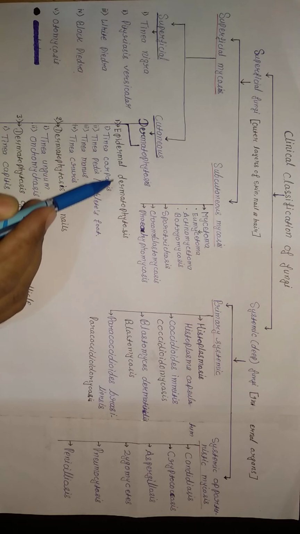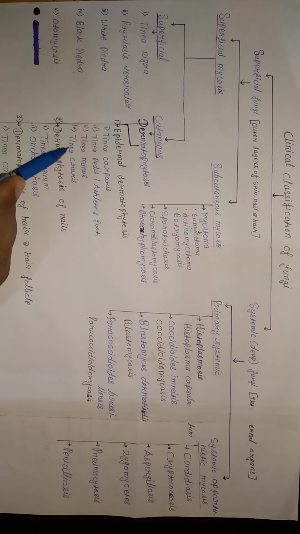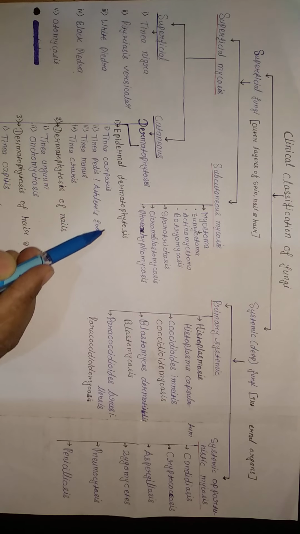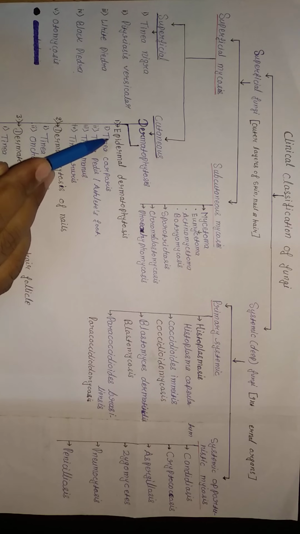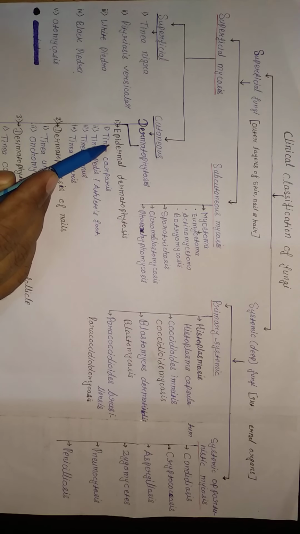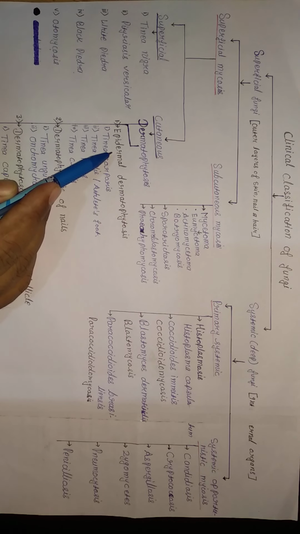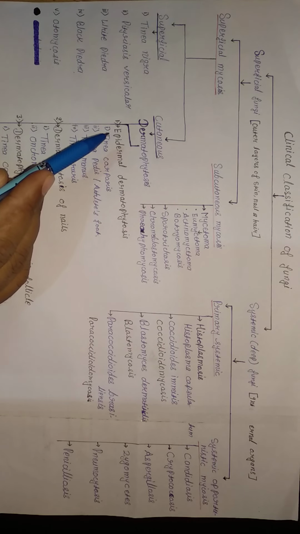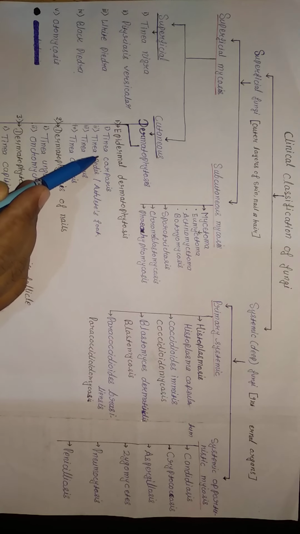One is the epidermal dermatophytosis, another is the dermatophytosis of nails, and the dermatophytosis of hair and hair follicles. Epidermal means the uppermost layer of the derma, meaning skin. The infection which occurs in the uppermost layer of the skin is called epidermal dermatophytosis.